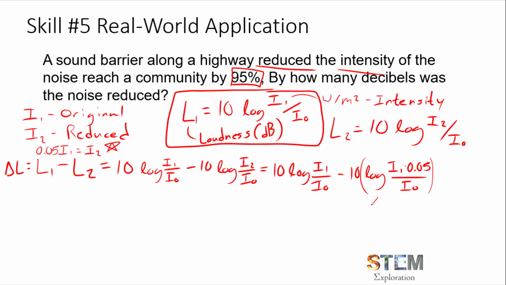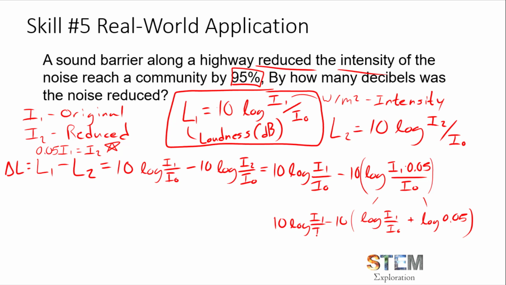So I want to say log of I1 over I naught plus log of 0.05. I can take this part here and, using the product property, separate this out. I'm going to put this back in parentheses and say 10 minus 10 log of I1 over I naught.